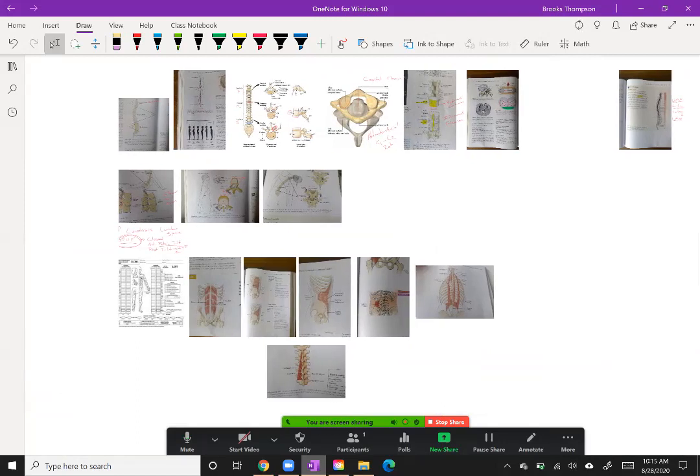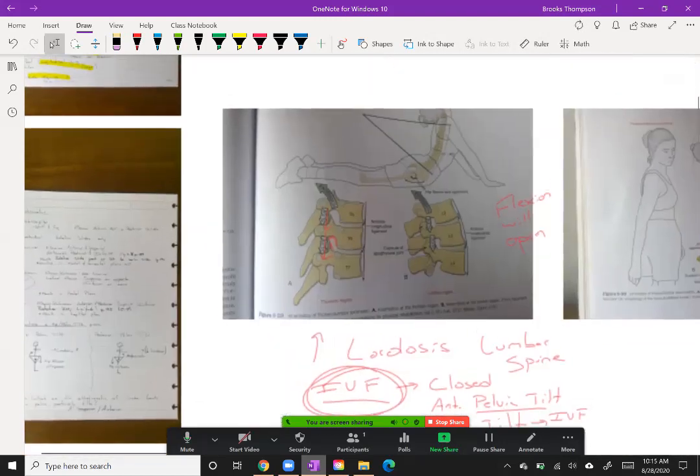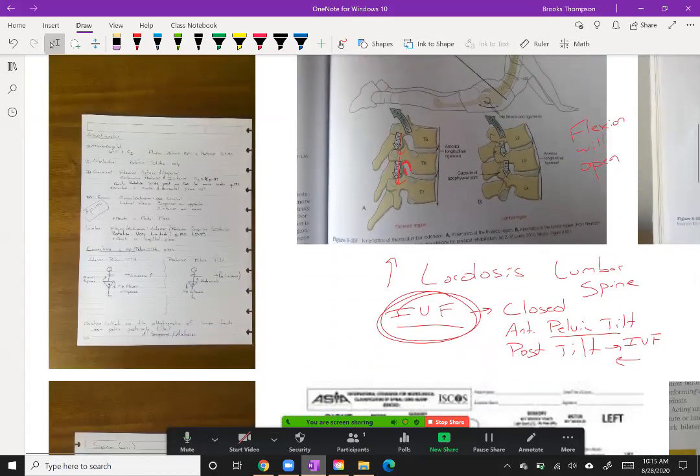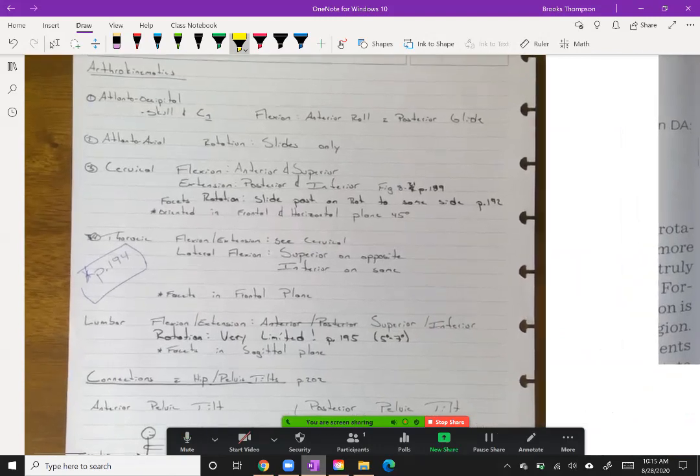Let's go back over to the notes here and make sure we've hit everything on this first vid. Going down to the next one. Again, we talked about the atlanto-occipital and all of that. I didn't talk about the actual arthrokinematics of the skull on C1. So there you go, flexion.